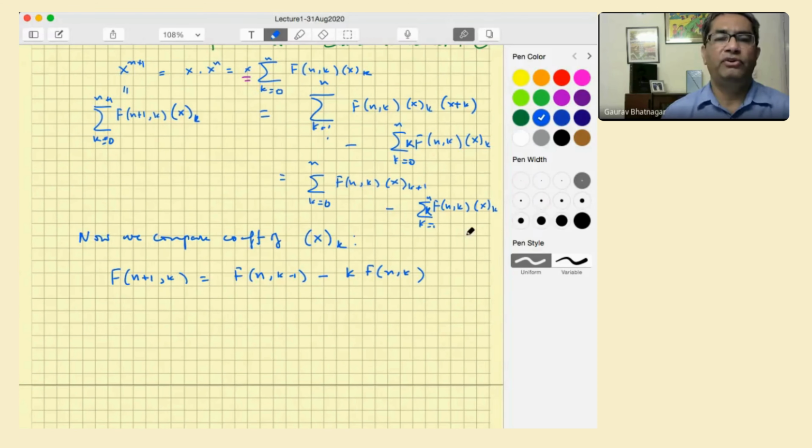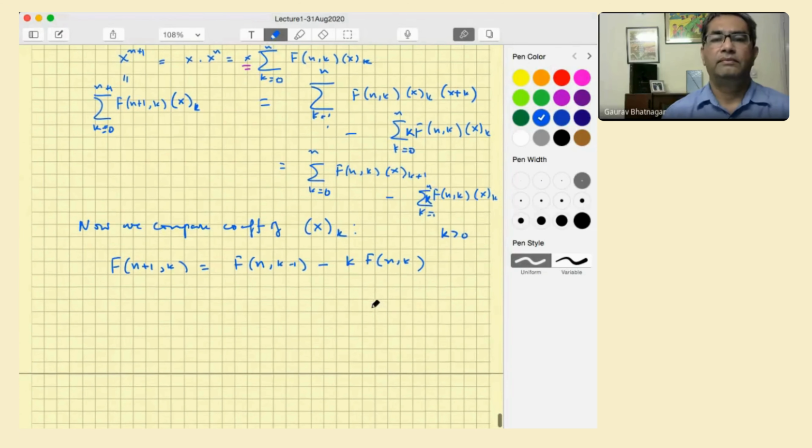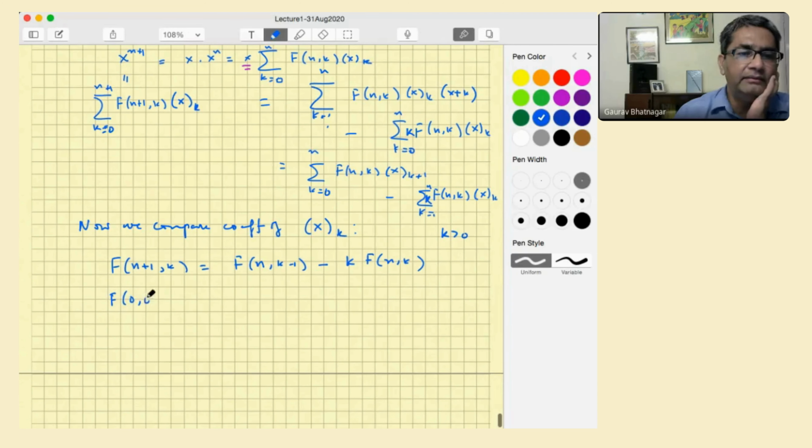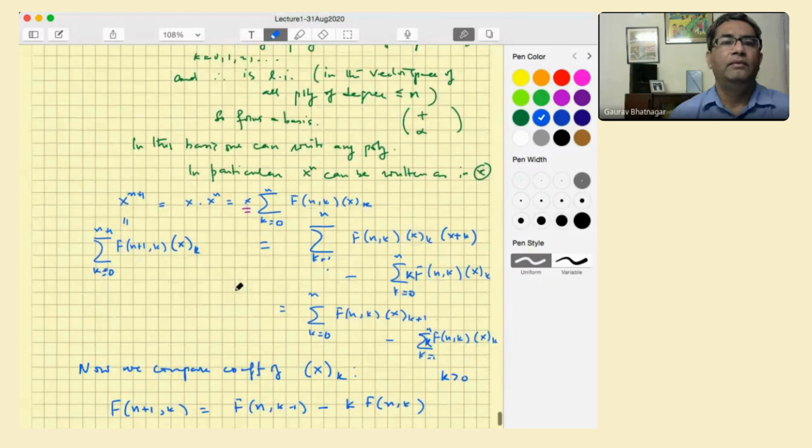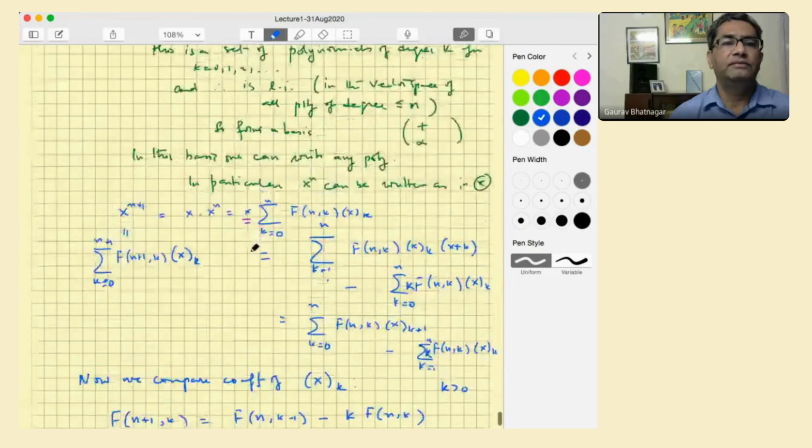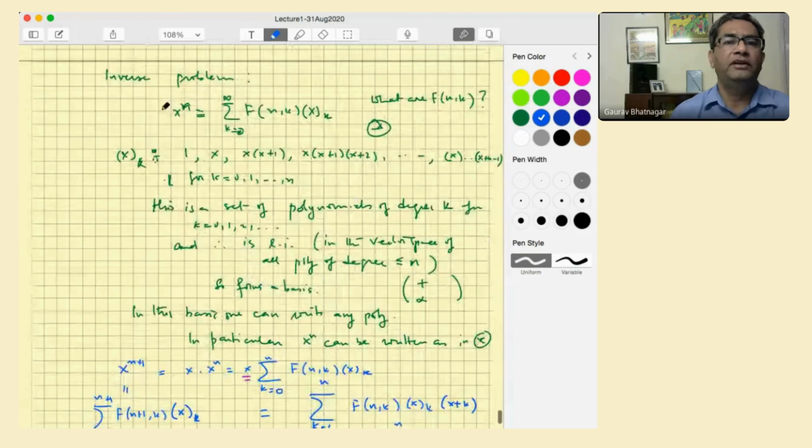So this should be for k bigger than 0. And one can find other items like we did earlier. So this we can find directly from the definitions, from star.